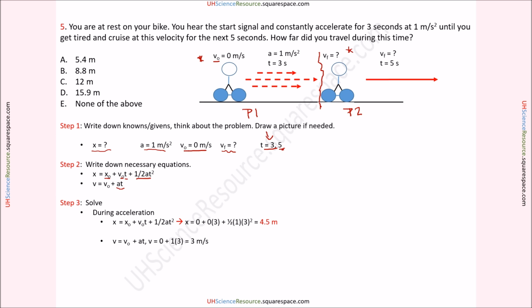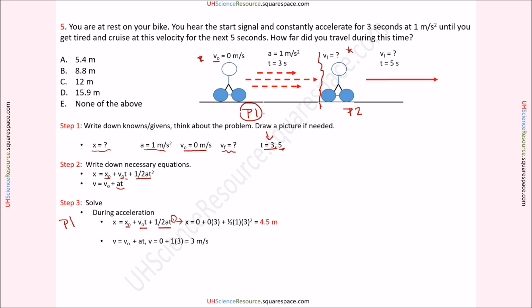So during acceleration, which is part 1, the distance we travel is going to be the position at which we're originally at, plus the initial velocity times time, plus 1/2 times the acceleration times time squared.